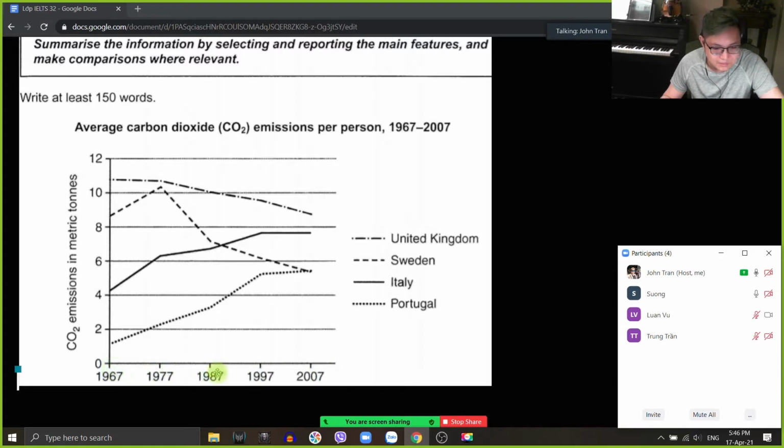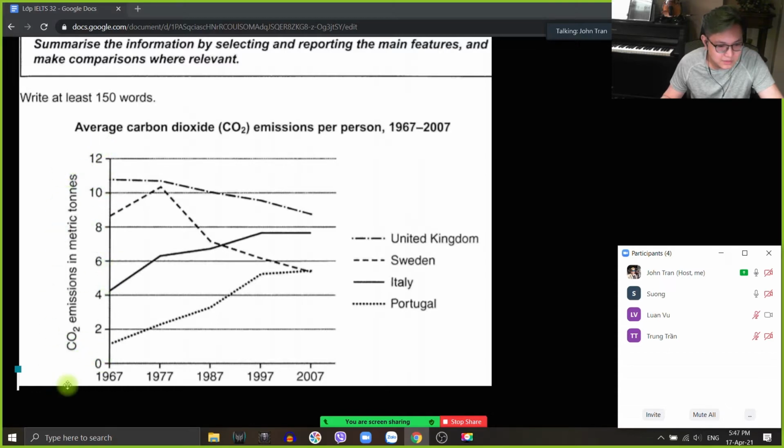Nó có khoảng tổng cộng là 5 cái mốc thời gian như thế này. There are about 5 different time points in here. And you can see here, this is CO2 emission and in metric tons.